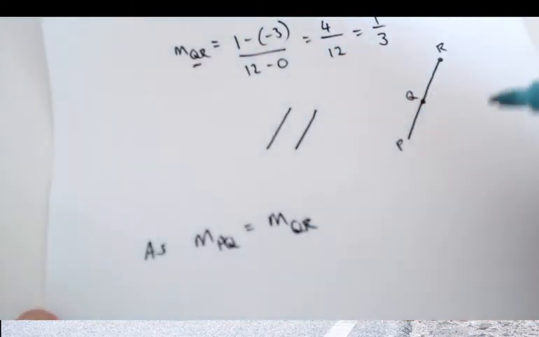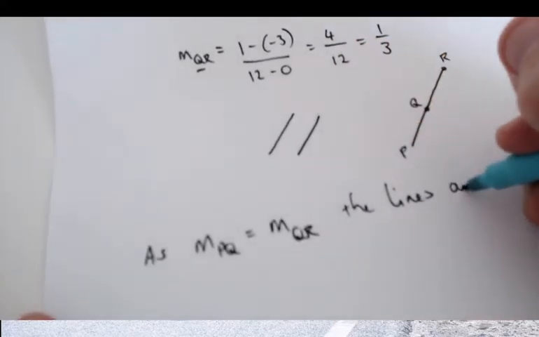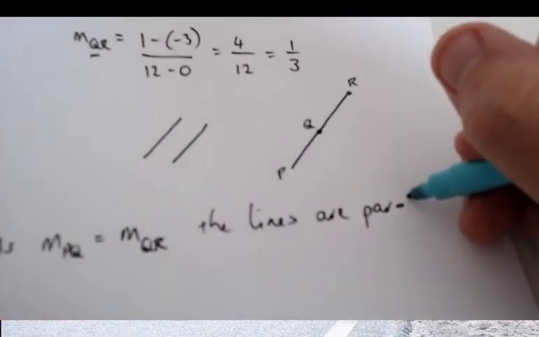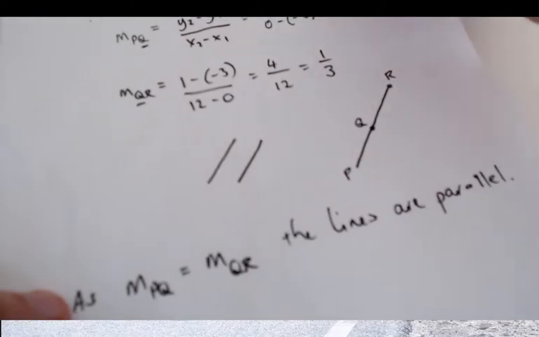as the two gradients equal each other, the lines are parallel. That's the first thing we found out.